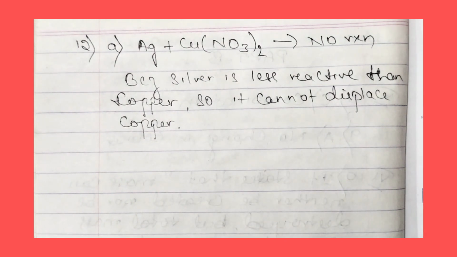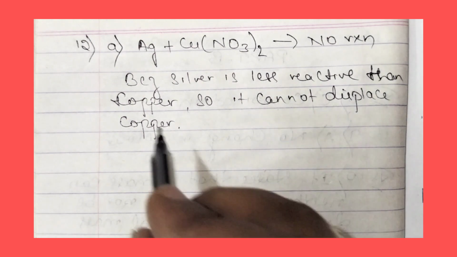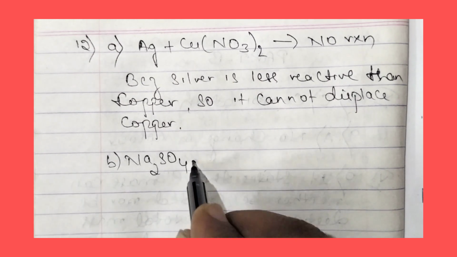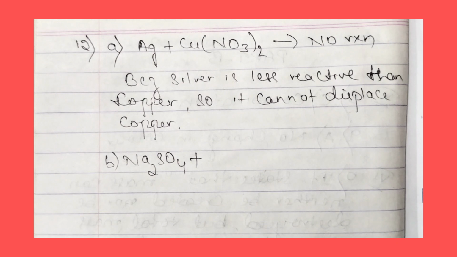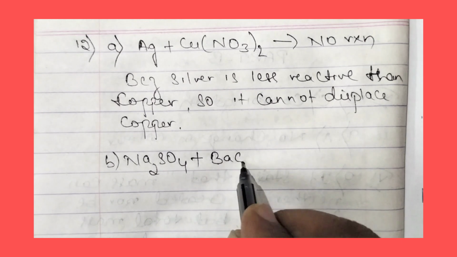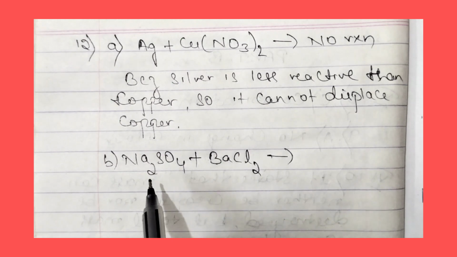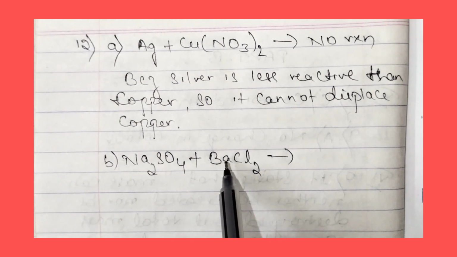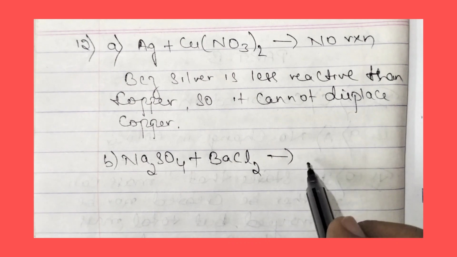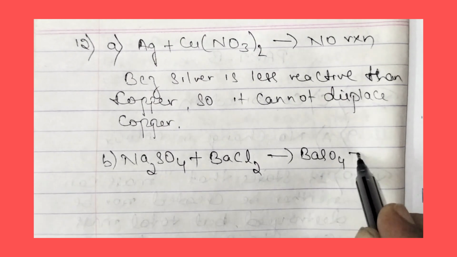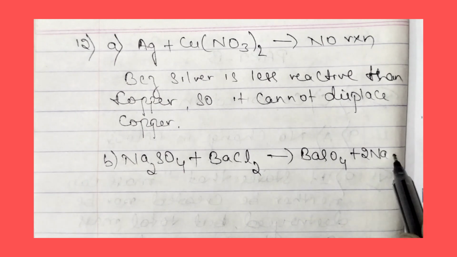So what happens when 3 ml of sodium sulfate is mixed? For question B, 3 ml of sodium sulfate is taken in one test tube, then to that 3 ml of barium chloride solution is added. So what happens here? When sodium sulfate gets mixed with barium chloride, a double displacement reaction or precipitation reaction takes place and it forms BaSO4 white precipitate plus sodium chloride.